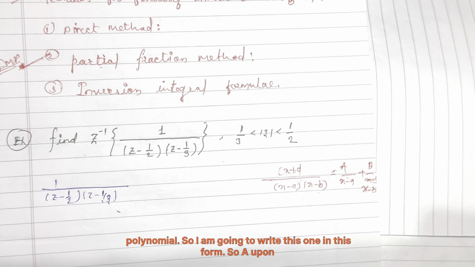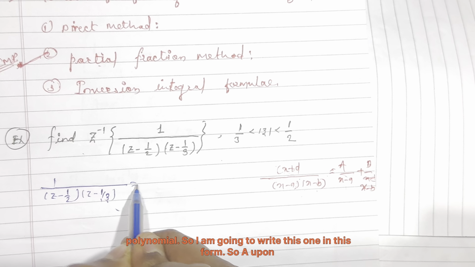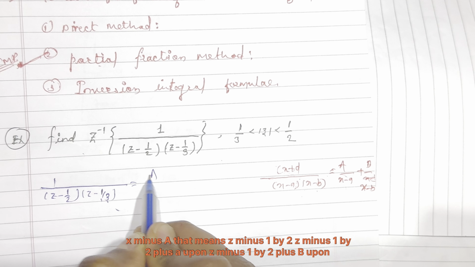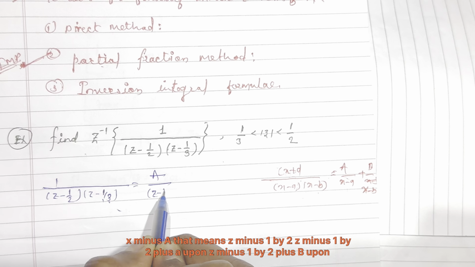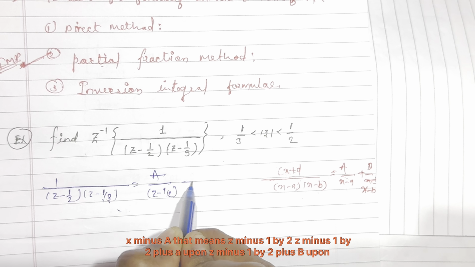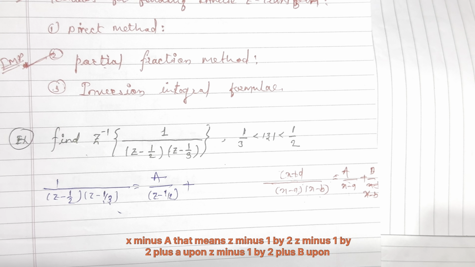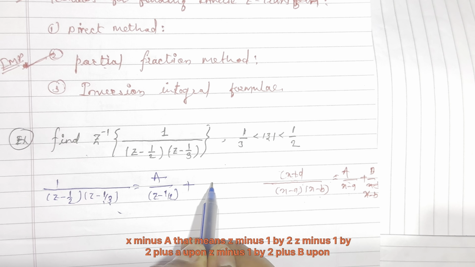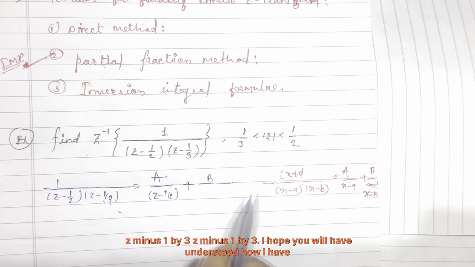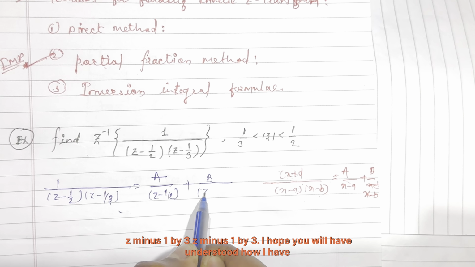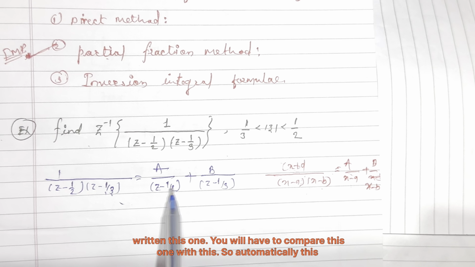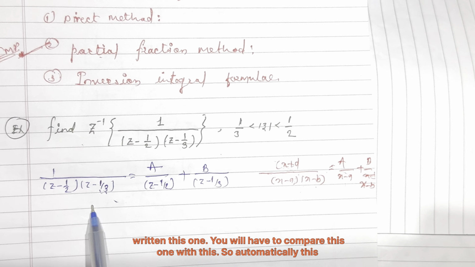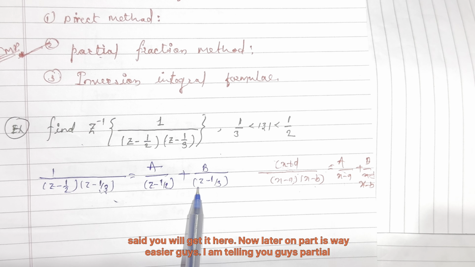So I'm going to write this as a upon z minus 1 by 2 plus b upon z minus 1 by 3. I hope you understood how I have written this. You compare this with this, and automatically this side you get it here.